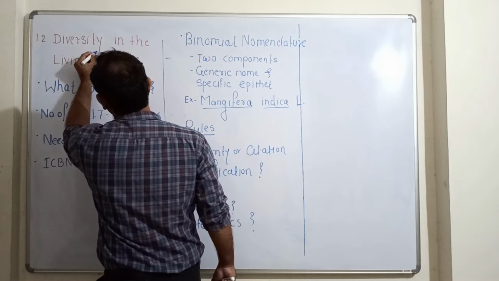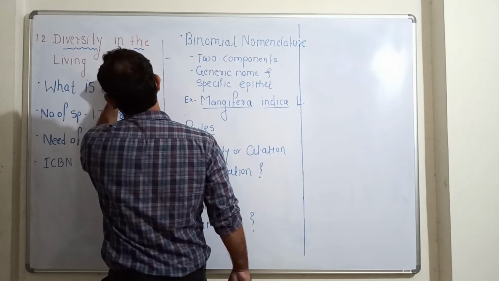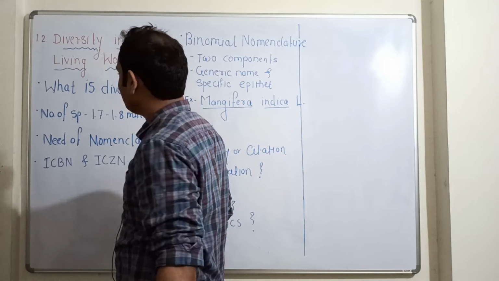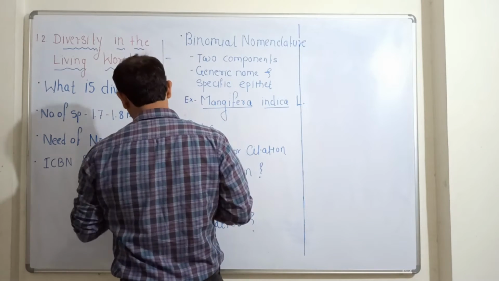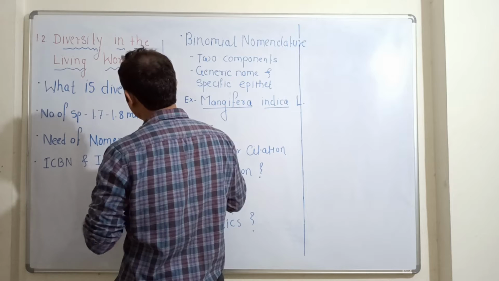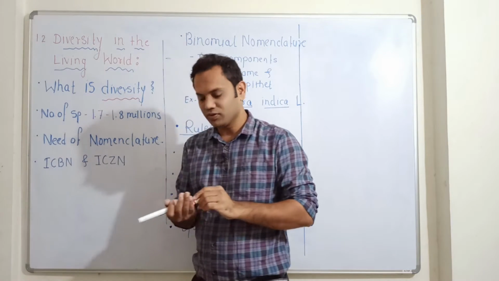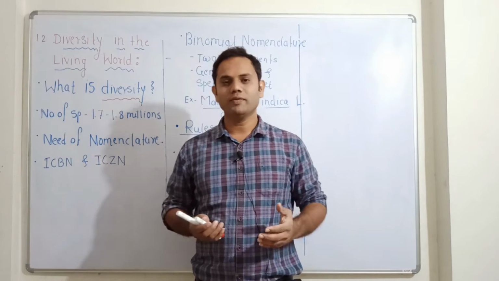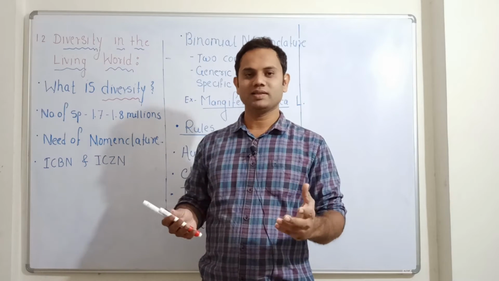That topic is called diversity in the living world. The first point here is what is diversity. Earlier we also discussed this point, but when you look around you will see a number of different living organisms that exist in this world.